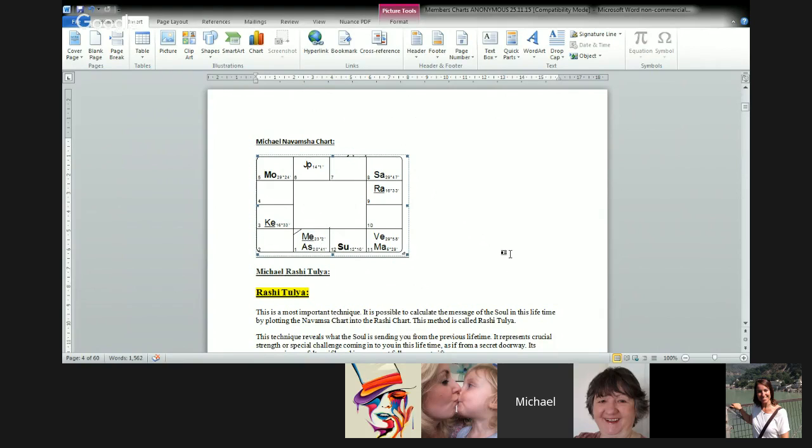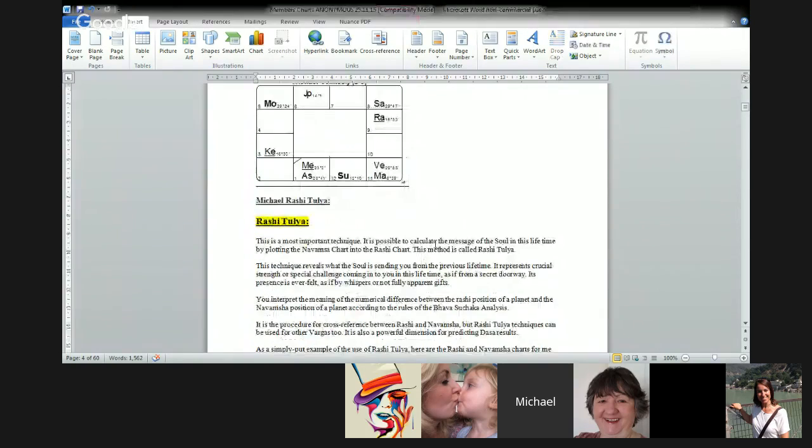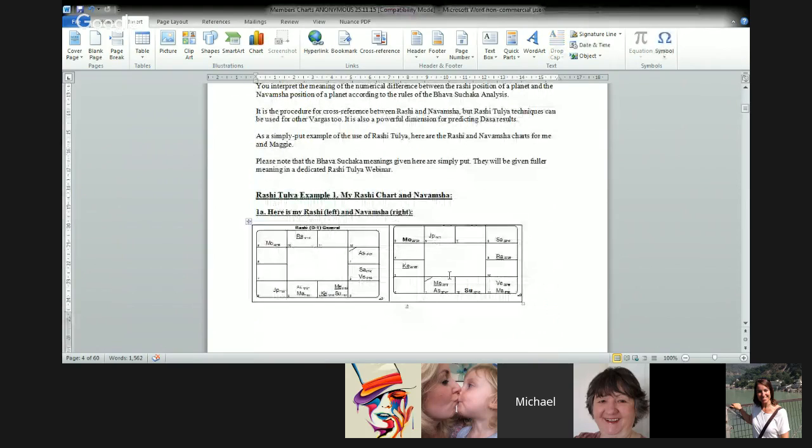Now let's look at Rashi Tulya. So basically, on this side, it's the right for me. It might be the left in your view, depending on what Hangouts is doing. There is my Navamsha, and here is my Rashi or my birth chart.